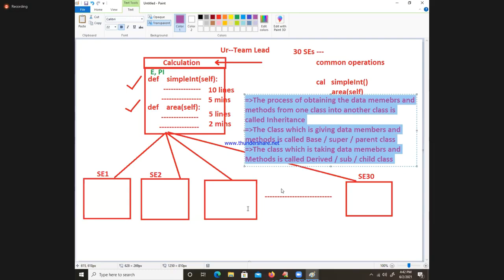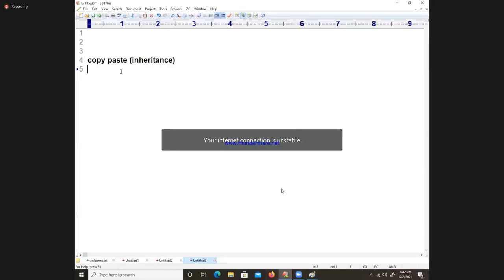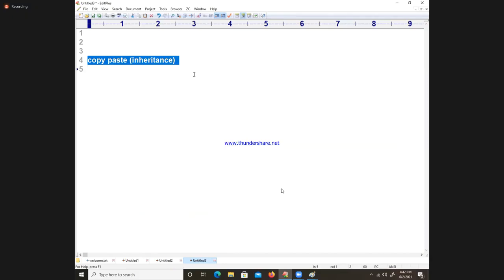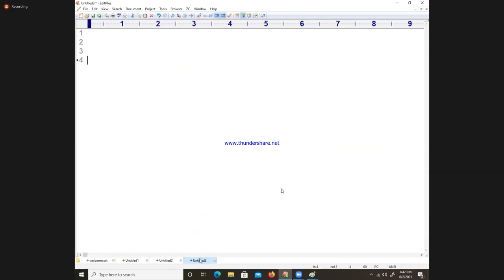That we already discussed. Copy paste is not inheritance. Because some people are saying that word, that's why it is coming to your mind. If anybody says that, please, it's not a good word. Please don't go for that.